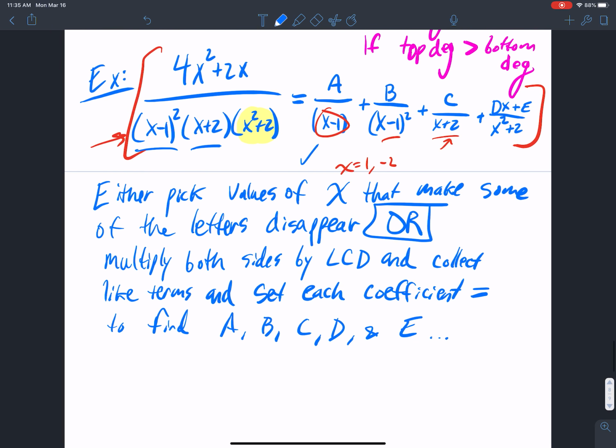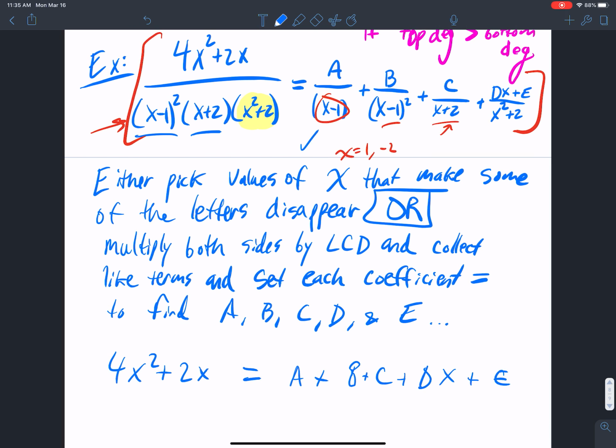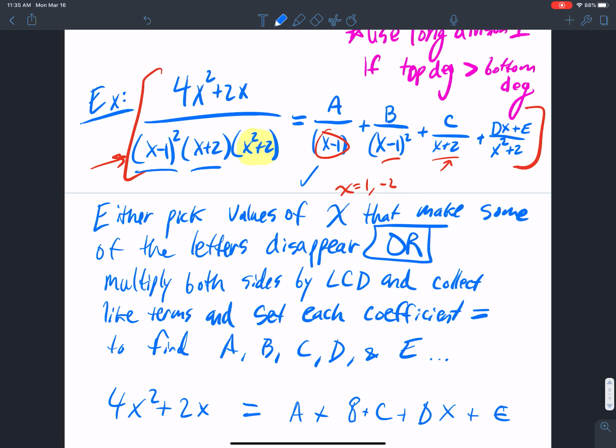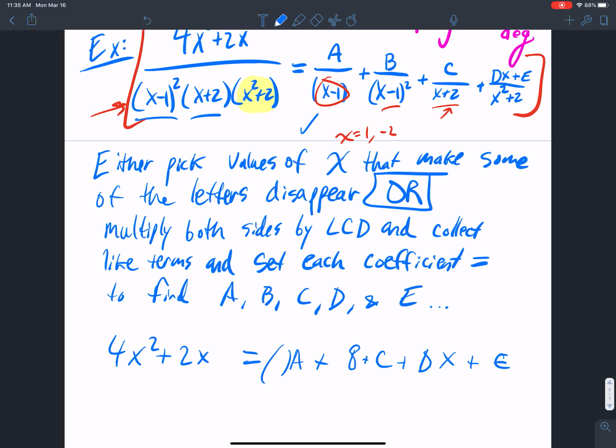So like on the left side, I'd have like 4x squared plus 2x. And on the right side, I have my A, B, C, D, x plus E kind of business going on here. And what's going to happen when I multiply through, I'm going to get all sorts of junk going in here. I've got all sorts of factors that get picked up.